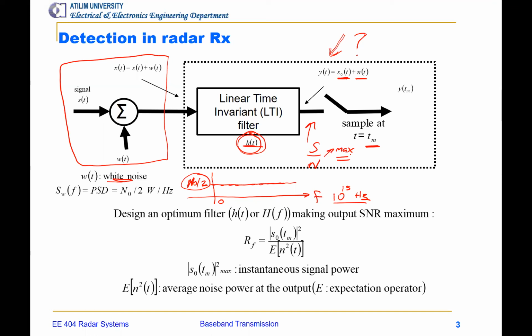So we can write then SNR at the output of the filter, let's say magnitude squared of s0 of Tm divided by the expected value of the noise power. So we'd like to maximize this. And you might remember this from the communication systems course. This simply goes to matched filter.